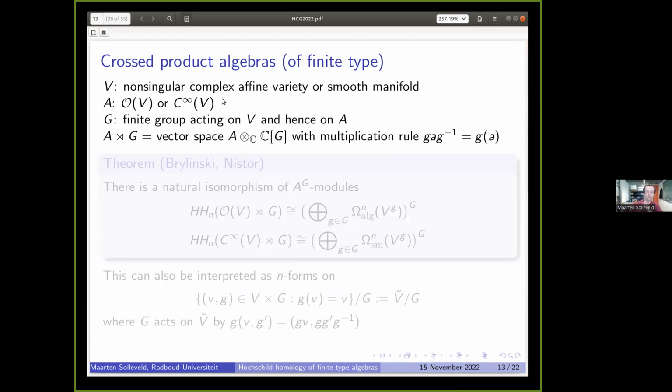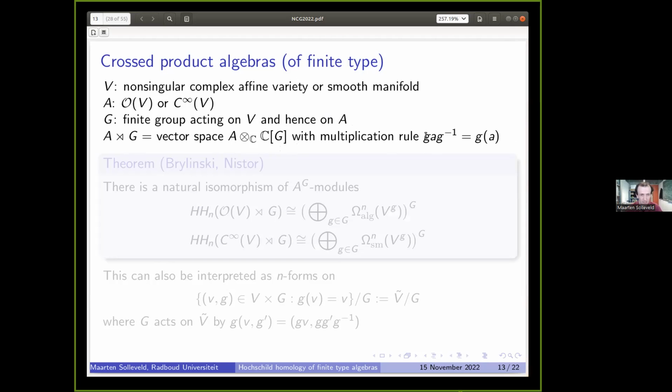To make it non-commutative, I involve a finite group which acts on this variety, and then it also acts on the functions on this variety. Then you can build the cross product algebra of this commutative algebra with the group algebra of the finite group. As a vector space, this is just the tensor product, and the multiplication takes into account how this finite group acts on this commutative algebra.